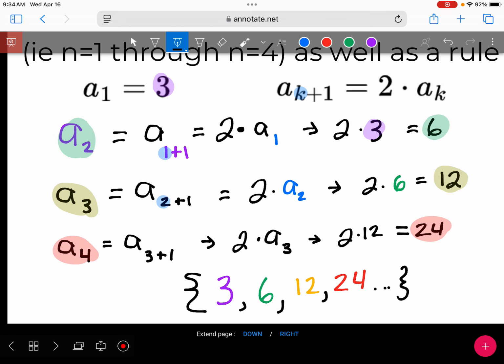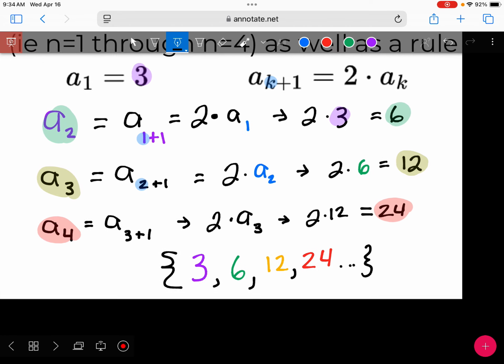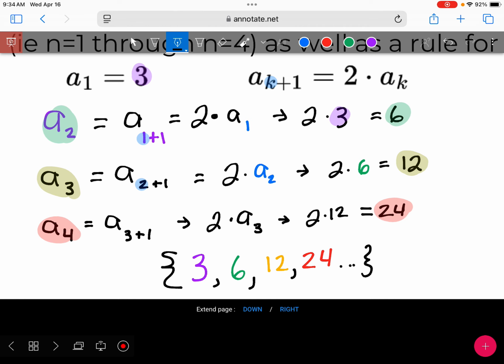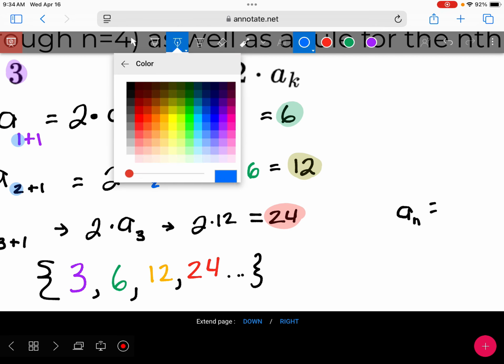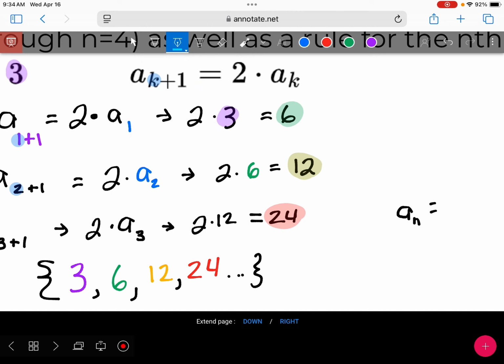So what's happening between them? It's doubling. It's multiplying by 2. So could we write a generic equation for an a sub n? Yeah, we can, because we know it's doubling. How would I write an equation that says it's going to double?